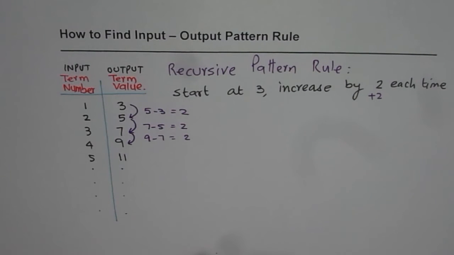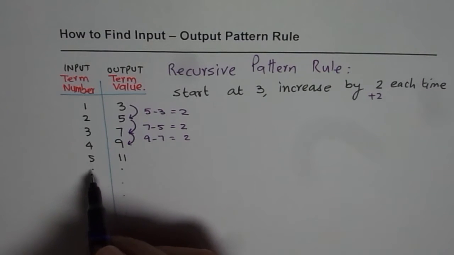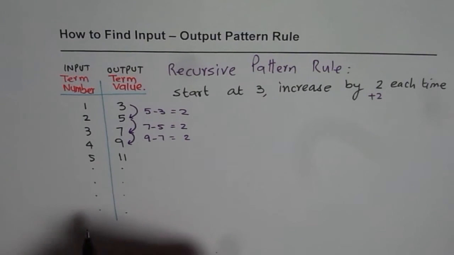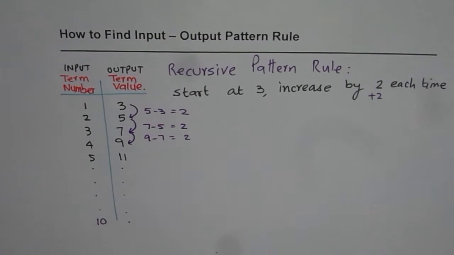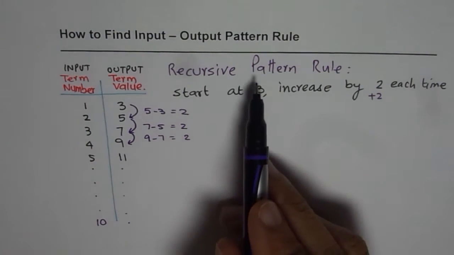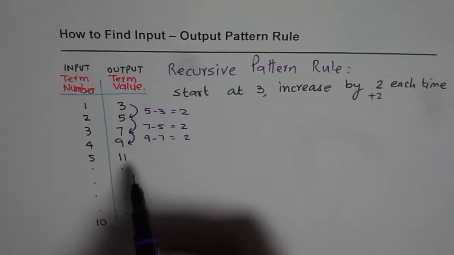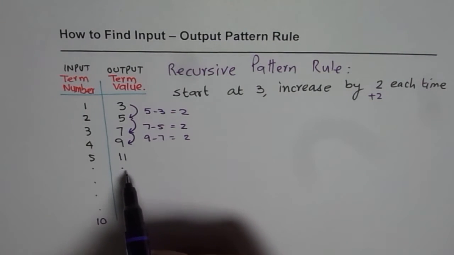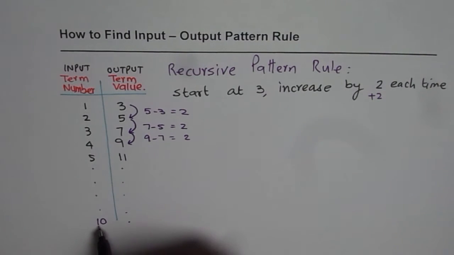But the difficulty here is, if I say, let's say, for my 10th input, what is going to be my output? Now if I'm using this pattern rule, then I have to continue this pattern, right? For all the numbers before 10, so I have to find what is the 9th term number and its value, what is 8th, 7th, 6th and so on, right?